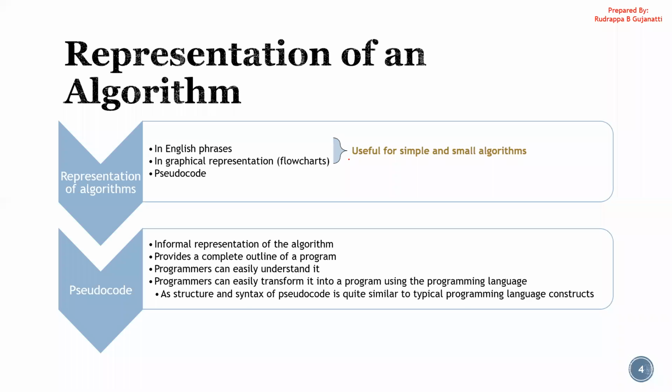So next, what are the representations of an algorithm? There are a few representations pertaining to algorithms. In this, we can write an algorithm in English phrases. This is just an example. Say if I want to add two numbers, you can specify add a, b.